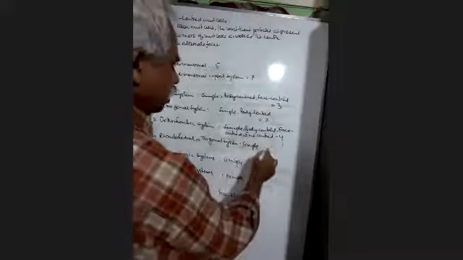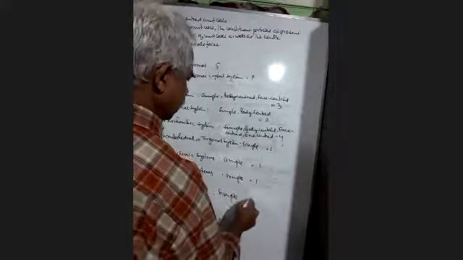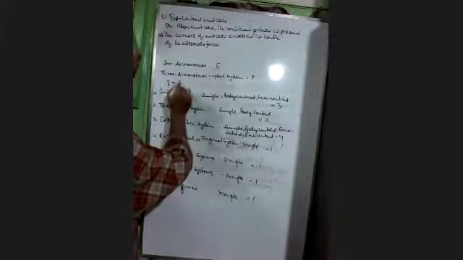Then rhombohedral, only 1. This is 1. This is 1. All right. Now let us see how many crystals there are. See here. 3 plus 2 plus 4 and 1, 2, 3, 4.